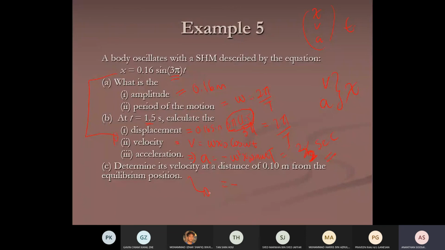So what formula to be used? So v equals omega times the square root of x naught squared minus x squared. Okay, this is the formula to be used, because it is velocity at a given displacement. Okay, so key in these values.